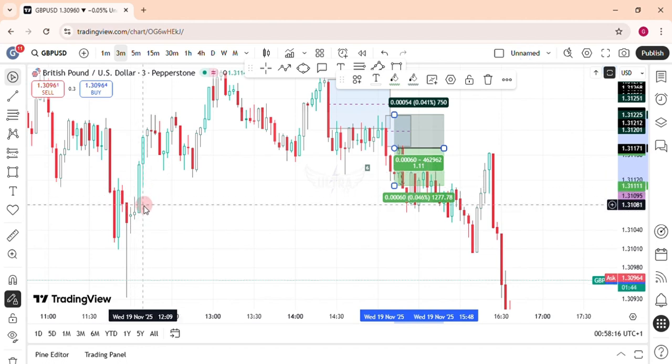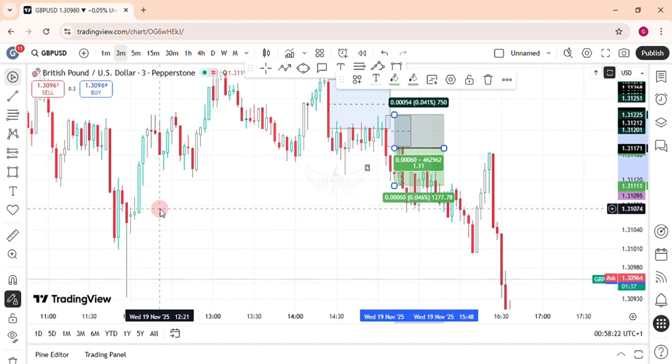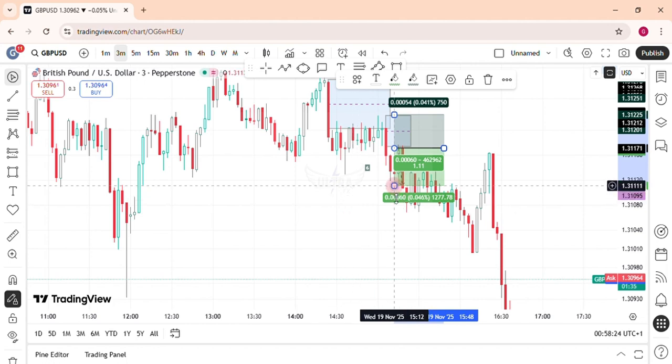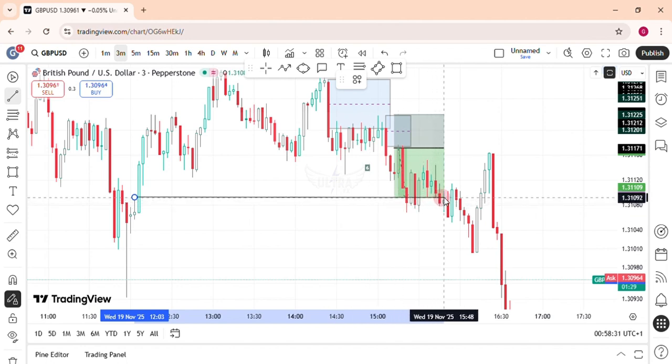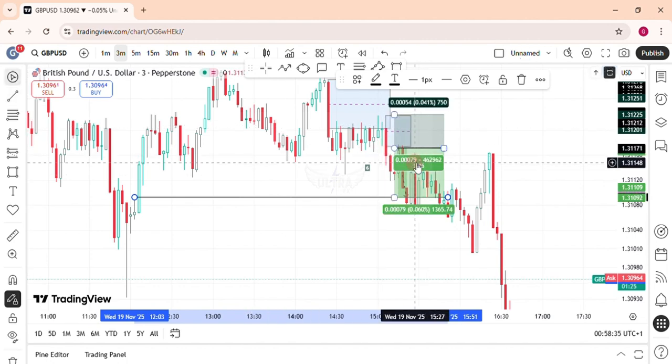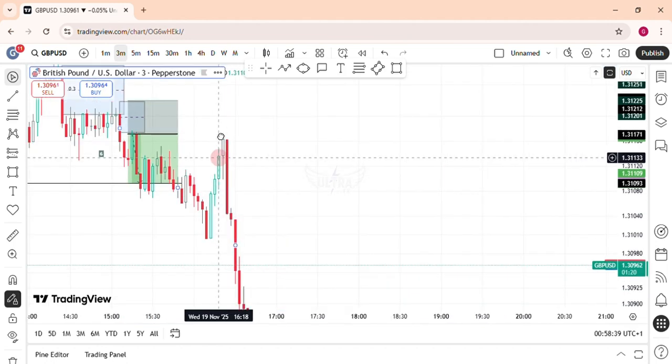Now this fair value gap can indicate that we should stop our trade here. So this is where we end the trade. You can put it here. This is giving us a 1.46 risk to reward ratio for our trade number 6.